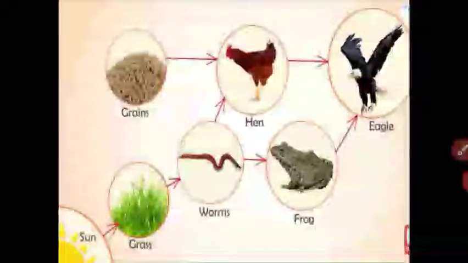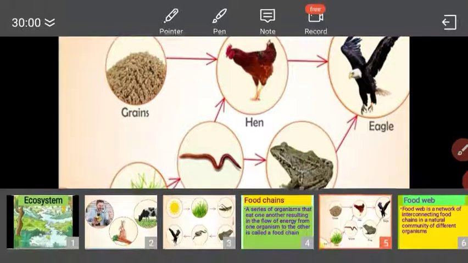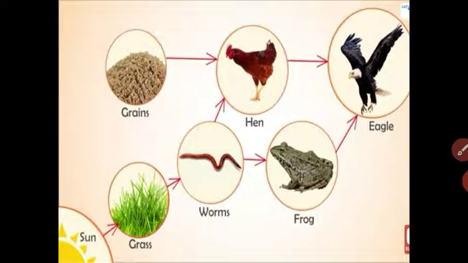See the worms. The worms feed on the same grass, and the worm is eaten by a frog, and the worm is also eaten by a hen. So there are many food chains, and these food chains are interconnected to each other.